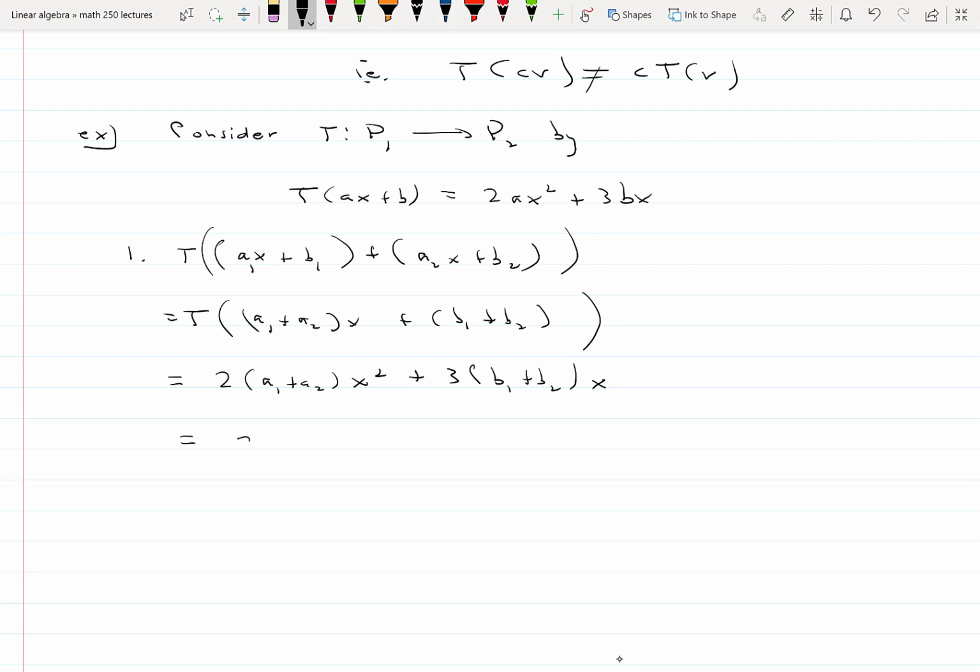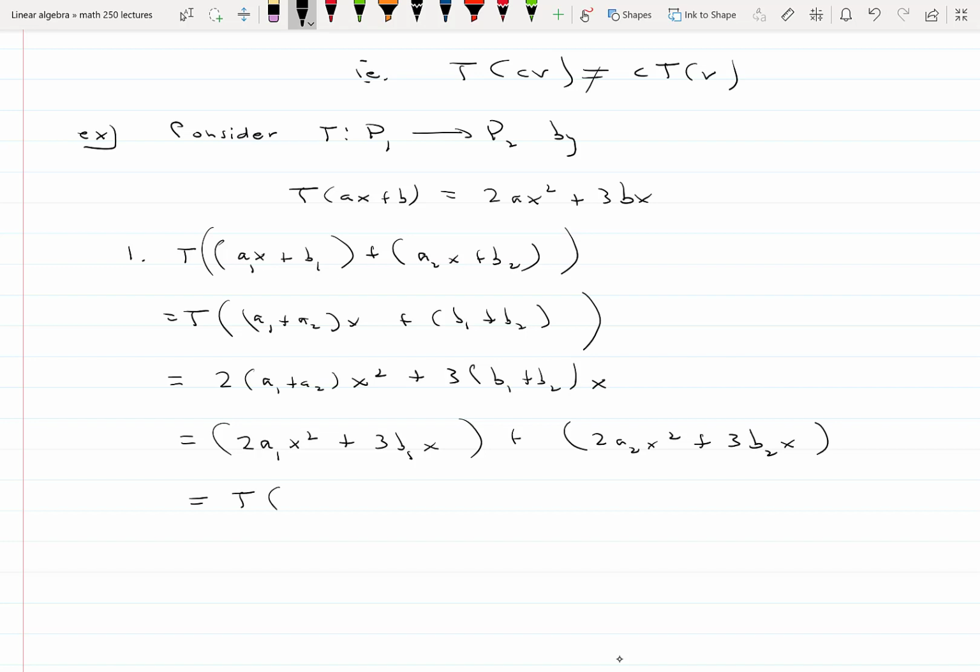Let's distribute and rearrange. So I'm going to have 2a1 x squared. I'm also going to get 2a2 x squared, but I'm going to rearrange terms. I'm going to get 3b1x, lump those two together. I'm also going to get 2a2 x squared plus 3b2x.